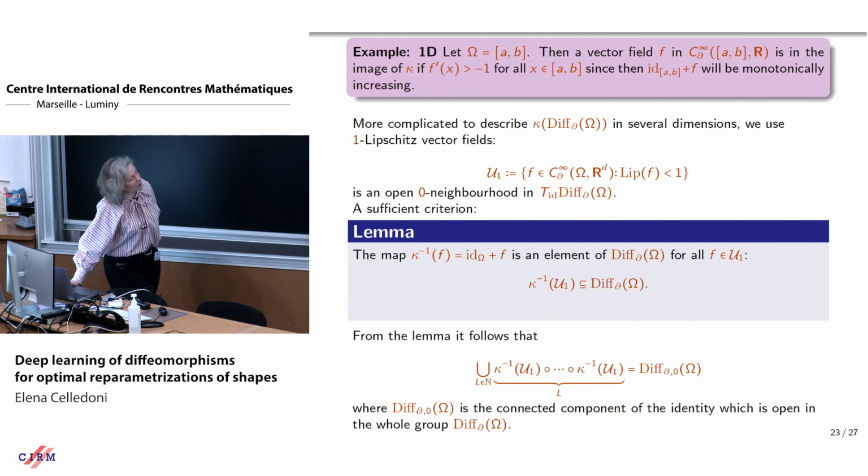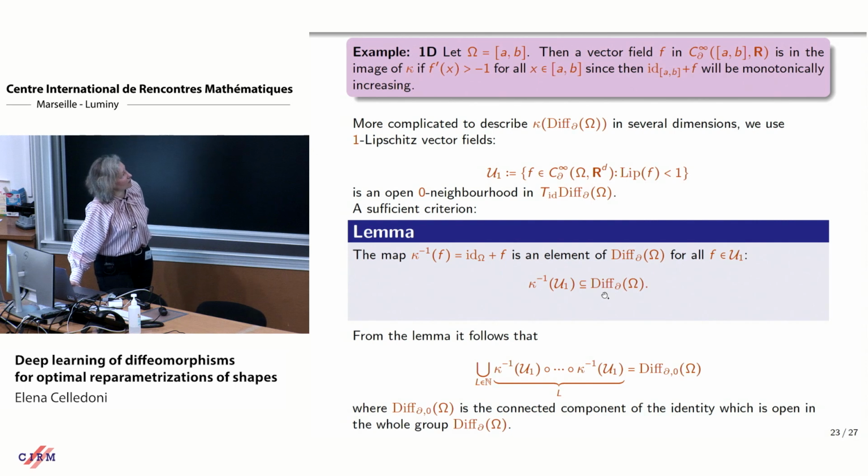And you can prove, it's not too difficult, that if you take any such vector field and you add the identity, then you end up in the diffeomorphism group. So if you take the vector field F within U1 and you add the identity, you get something in the diffeomorphism group.